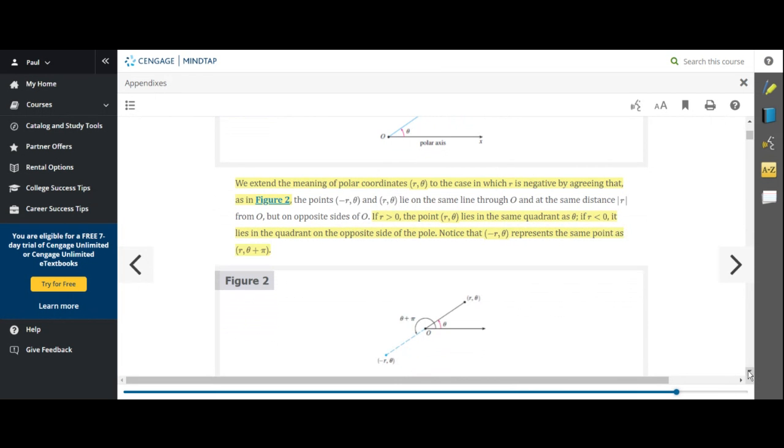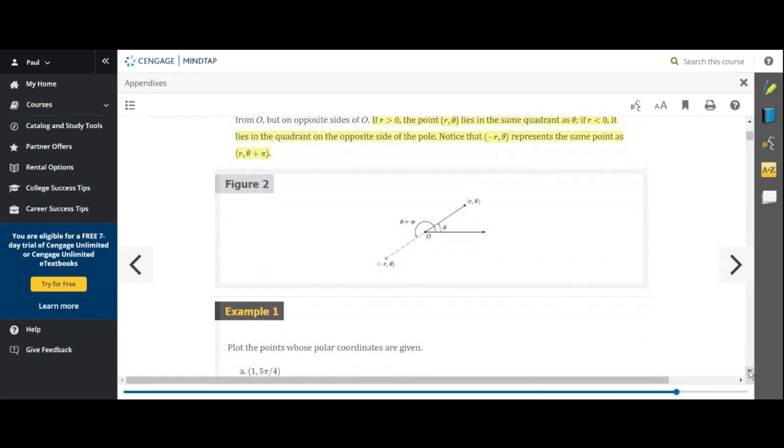But in figure 2, what they have here is they have plotted two polar coordinates. One polar coordinate is r, theta, and the other polar coordinate is negative r, theta. Okay, so what's that about? Well, with polar coordinates, you can allow your radius to be negative. You can actually have a negative radius in polar coordinates. So you know how the polar coordinate r, theta came about in figure 2.